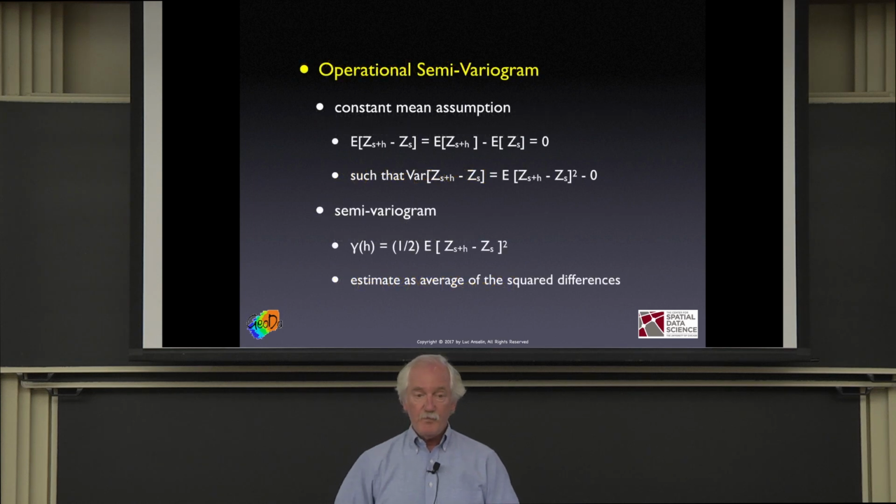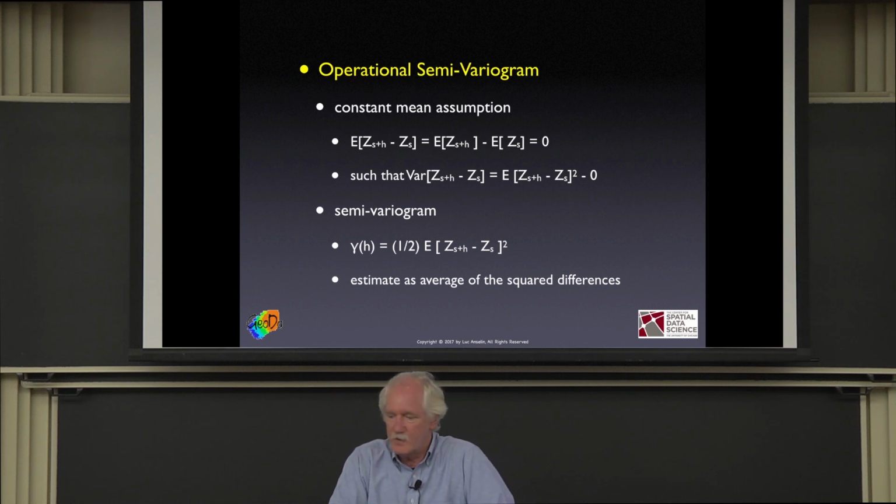So if we do make a constant mean assumption, then the mean of the differences, which is the difference of the means, because the means are the same, is 0. So then if you remember your stats, the variance of a difference is the expectation or the mean of the squares minus the squares of the means, right?